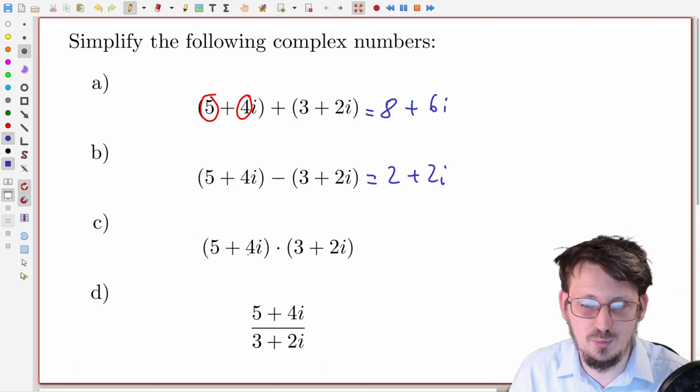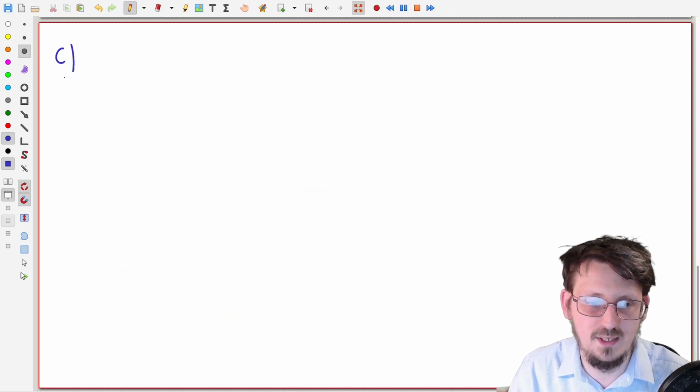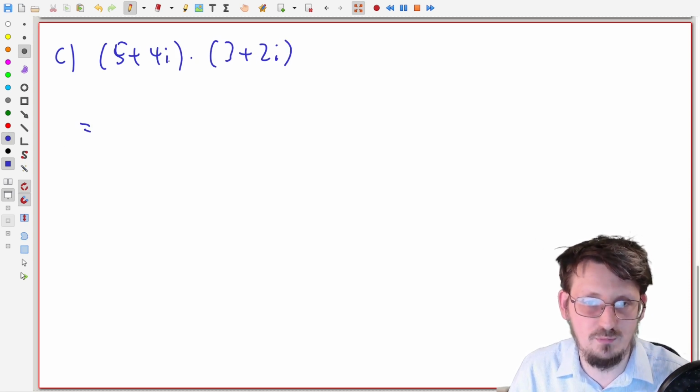Now, this was actually, again, very simple. But now we come to the more complicated part, and this is the product of two complex numbers. So again, I would like to create a new page. Now we can write 5 plus 4i times 3 plus 2i. So the same what we have to do when we calculate the product of two sums, we have to multiply each part of that sum individually.